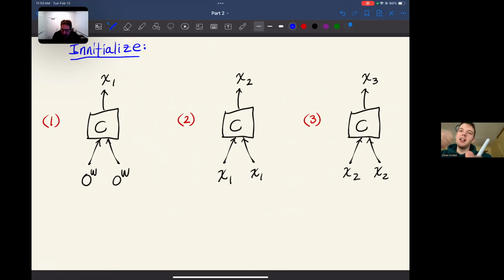Now using D, I check whether E of x equals W comma 0 to the W. If it equals, then I found some string, in particular the string 0 to the W, 0 to the W, that does not compress under this scheme.